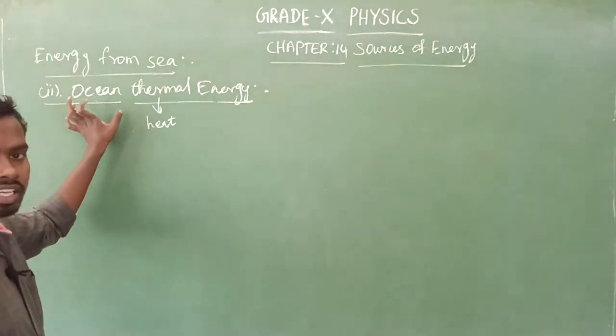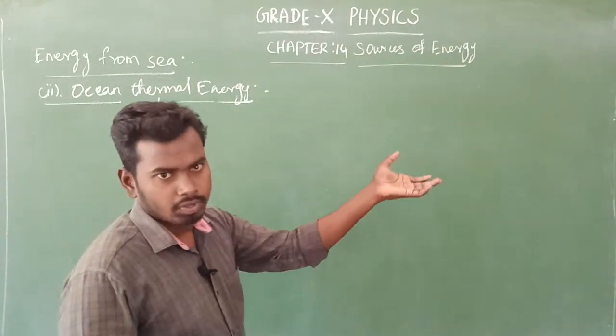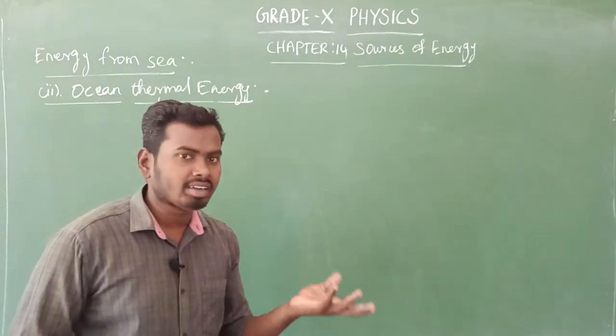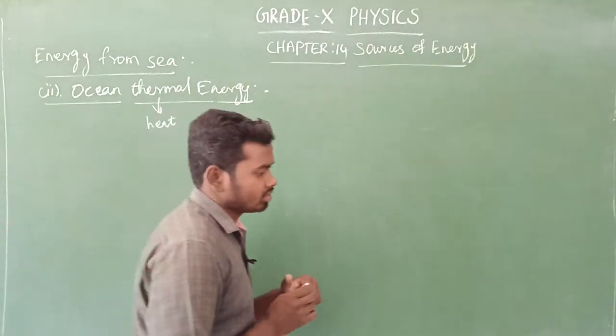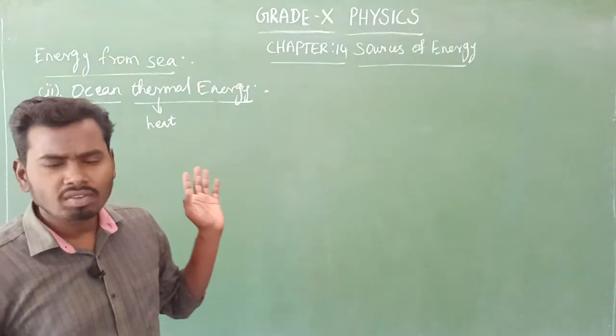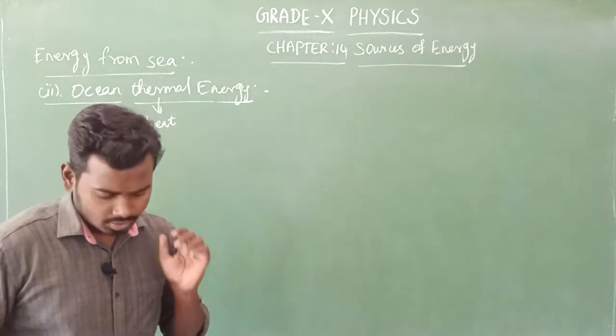Ocean or sea water heat which is used to form some usable form of energy, like electrical energy, that is known as ocean thermal energy. Very easy, when the title reveals the answer.